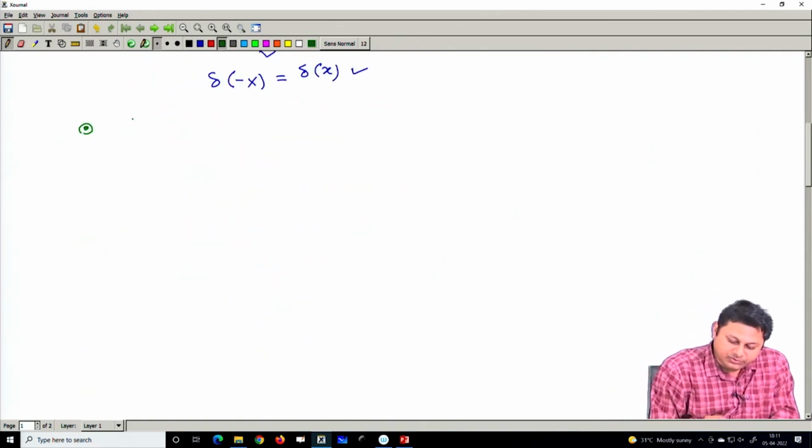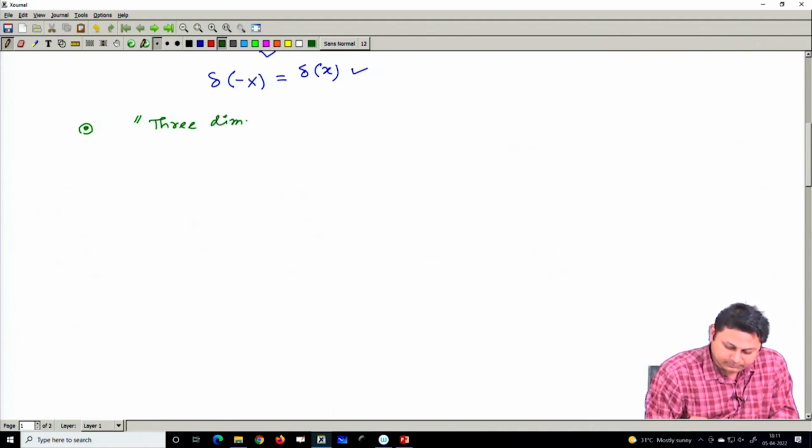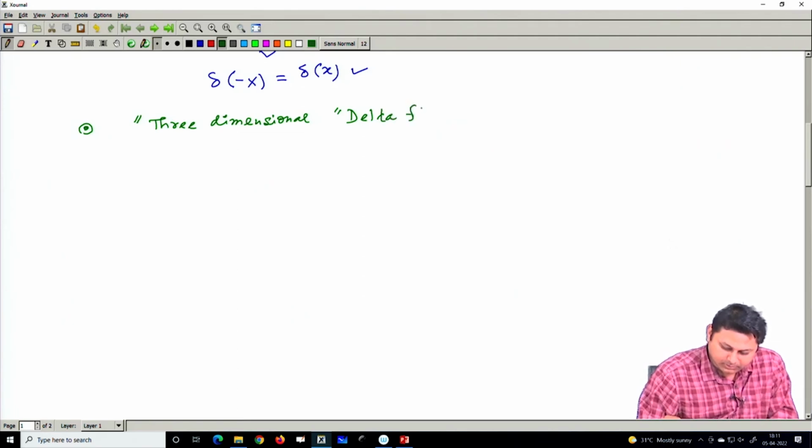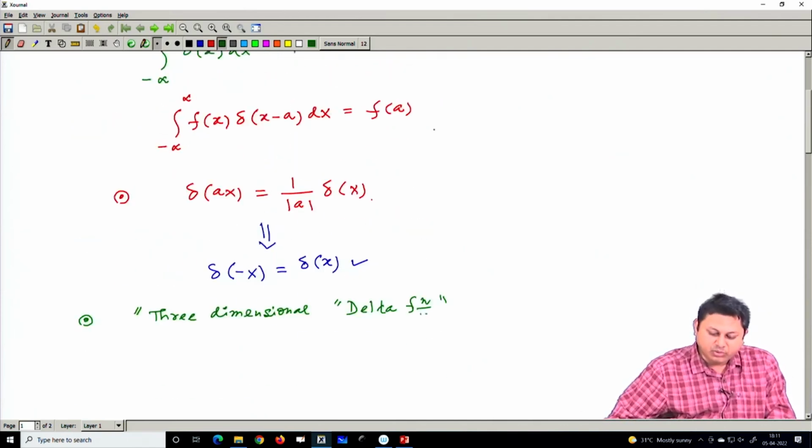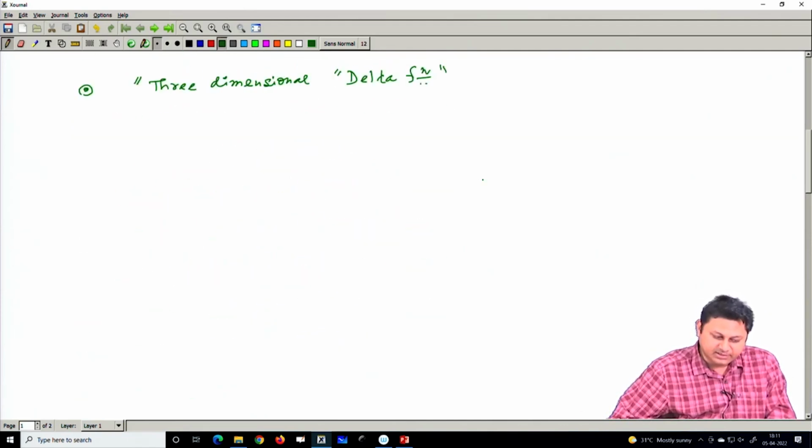So today we are going to discuss the three-dimensional delta function. So far we have been dealing with the one dimensional delta function, but the three dimensional delta function we will do today in detail.